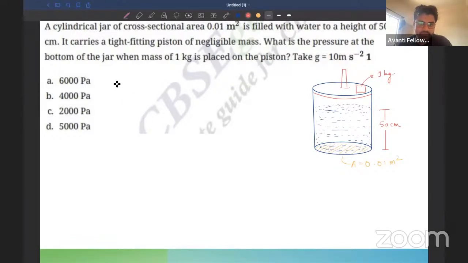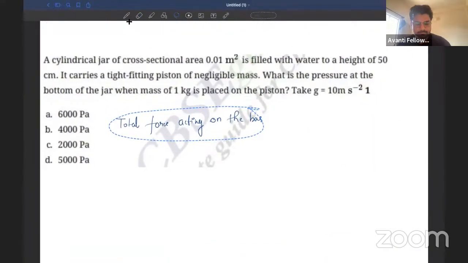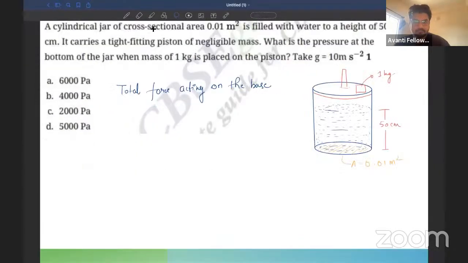How will we calculate? So I will write total force acting on the base. First of all, I'll write it downside. Hold on.